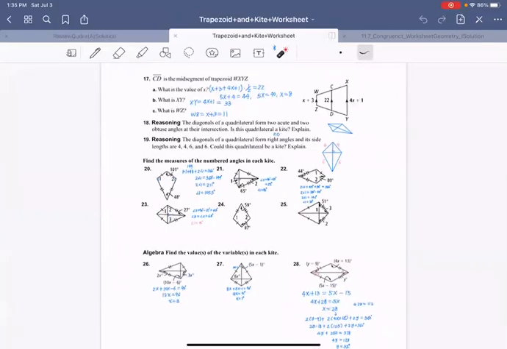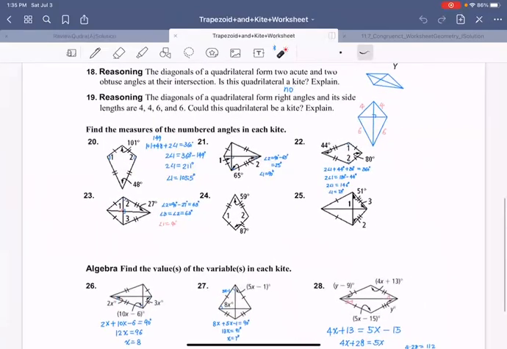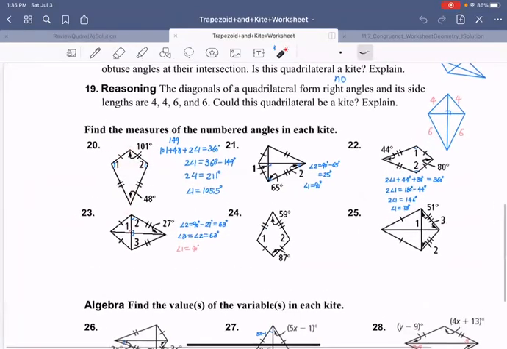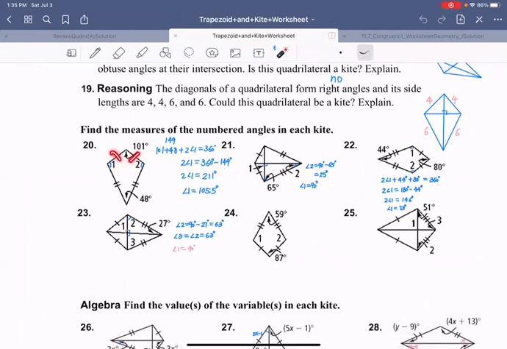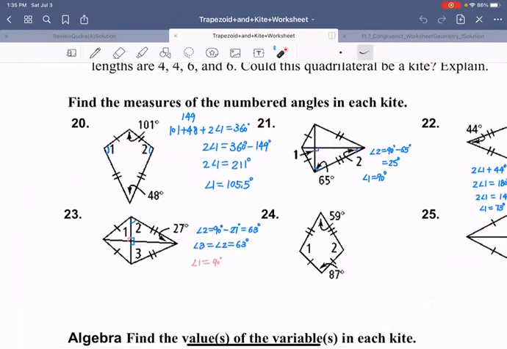I can also give you some trapezoid and kite worksheets. So the kite property is saying these two pieces equal, these two pieces equal, these two angles equal. But that doesn't make sure that these two plus together are 180. We don't have this property.